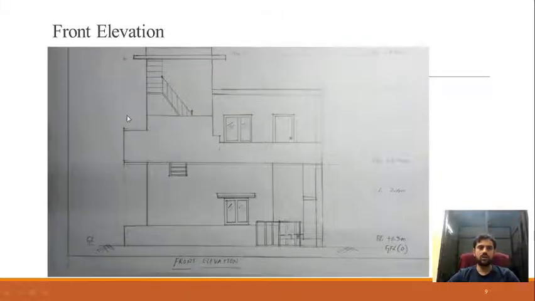I have projected the lines from the plans, that is from the ground floor plan and first floor plan, and I explained this in detail in other videos. You can listen to that and practice by seeing it. These are the different levels I have indicated.